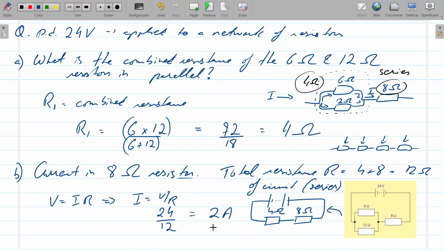Okay. Then the question continues. So part C, they're asking what is the voltage across the parallel network?